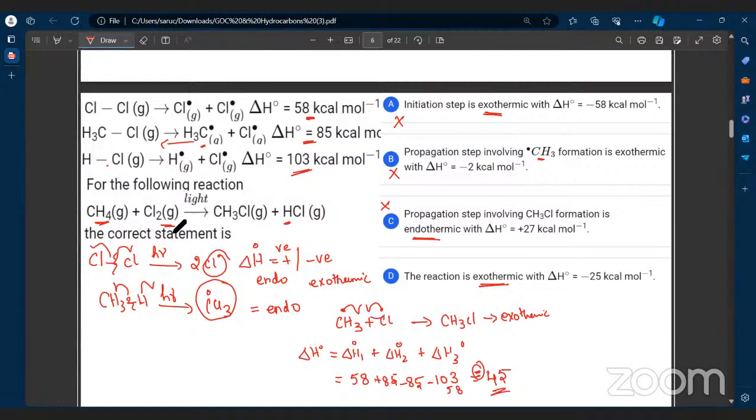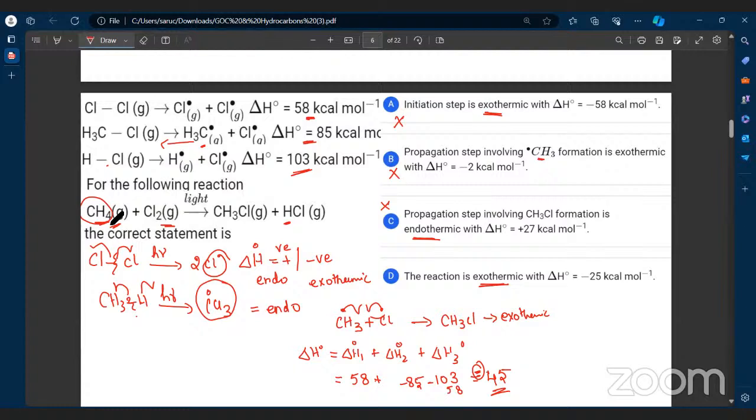So we have to do CH4 over here. I have made a mistake. Delta H2 should be for CH4; I have written this value for CH3Cl.